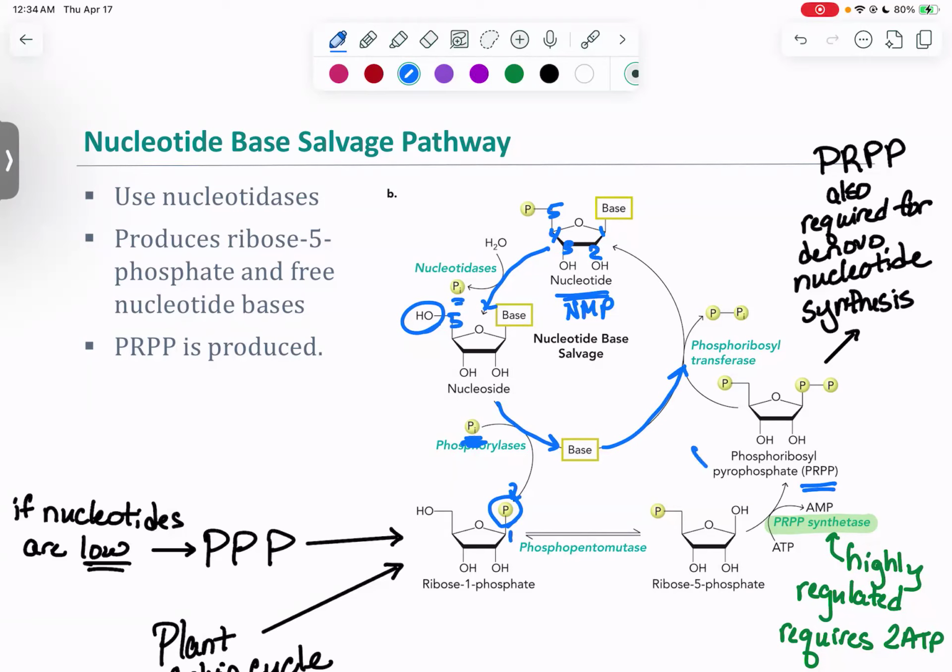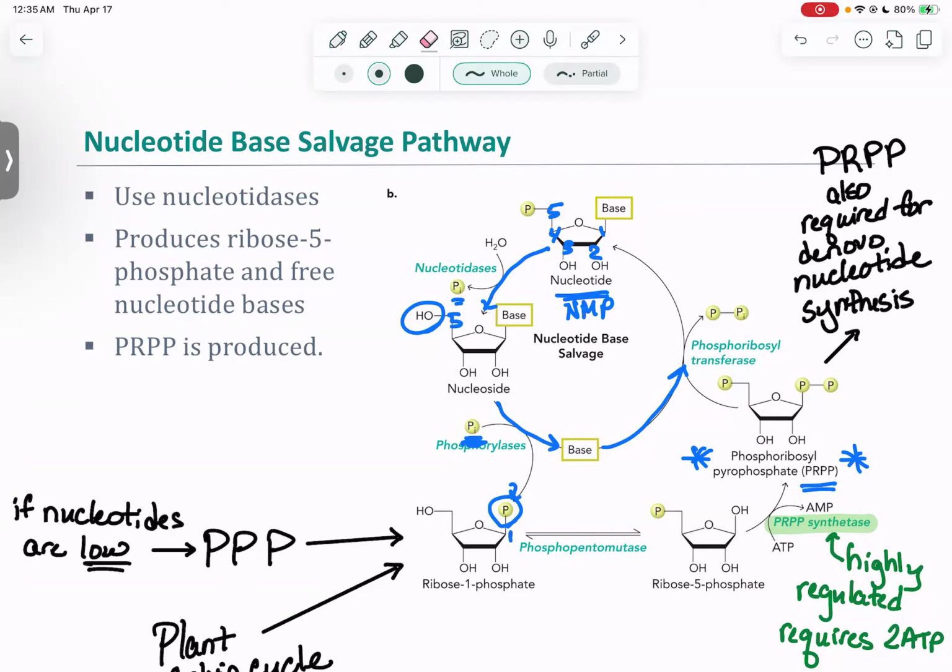Do you have to know this whole name? Yes, you do. This is an extremely important molecule. So it's phospho for this phospho, then a ribose group, and then pyrophosphate. So it's phosphoribosyl pyrophosphate. We call it for short PRPP, but you do need to know the whole name.